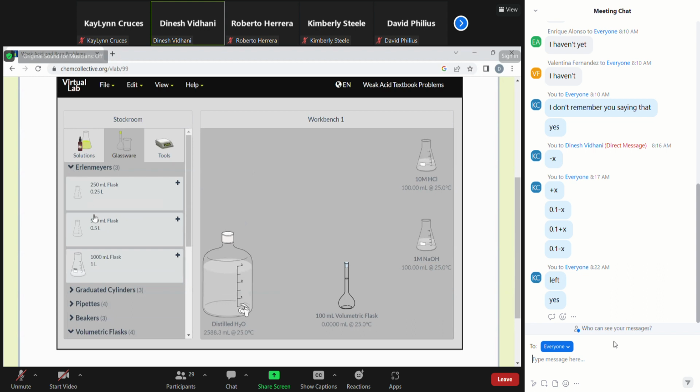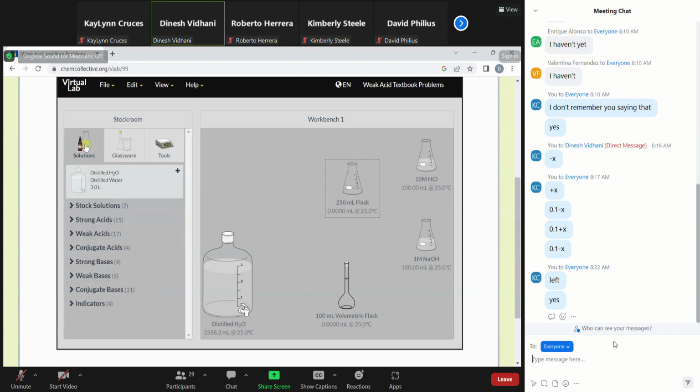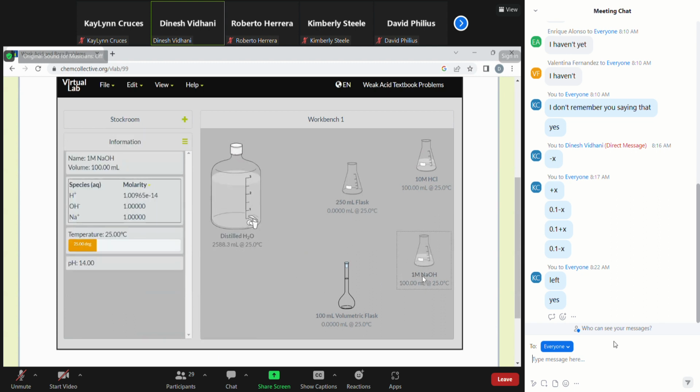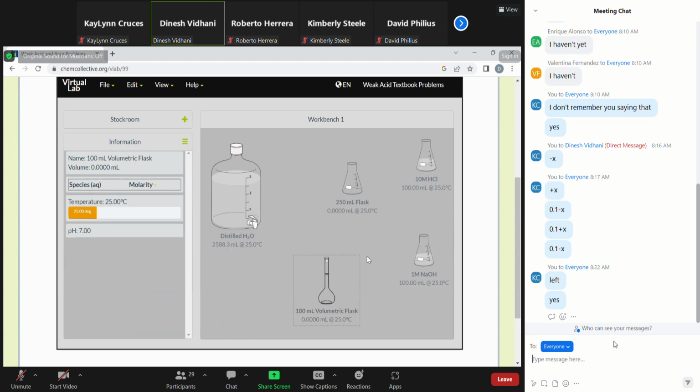I need one Erlenmeyer flask in which I'm going to do this reaction. Okay, so right now, do you see the concentration of NaOH? It is 1 molar. What I need is 1 molar HCl. Simple as that. I don't need 10 molar HCl. So I'm going to prepare 1 molar HCl.